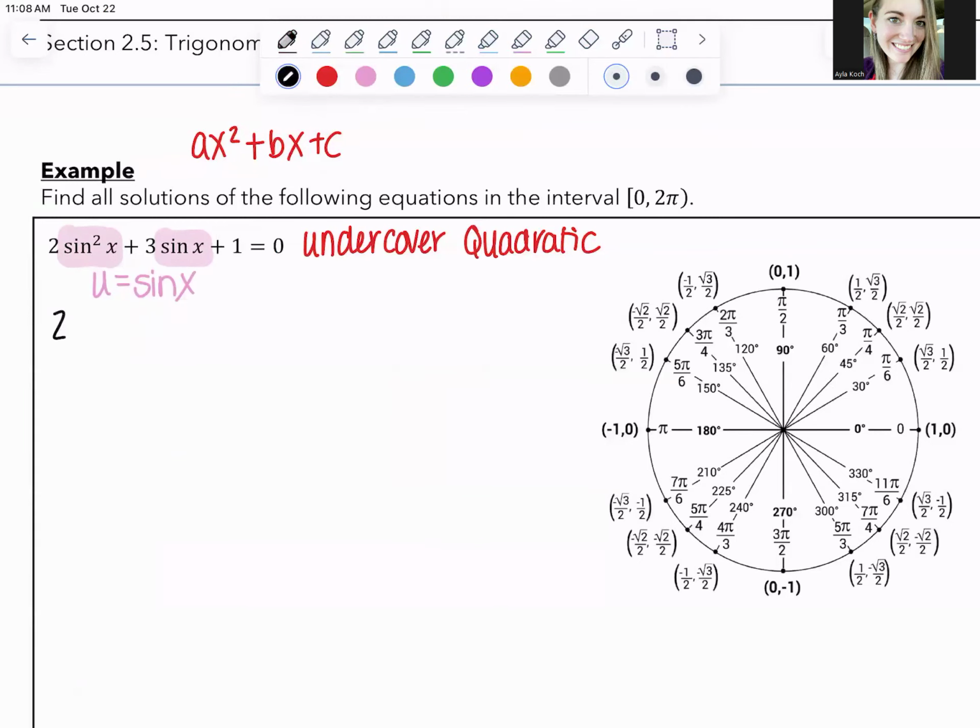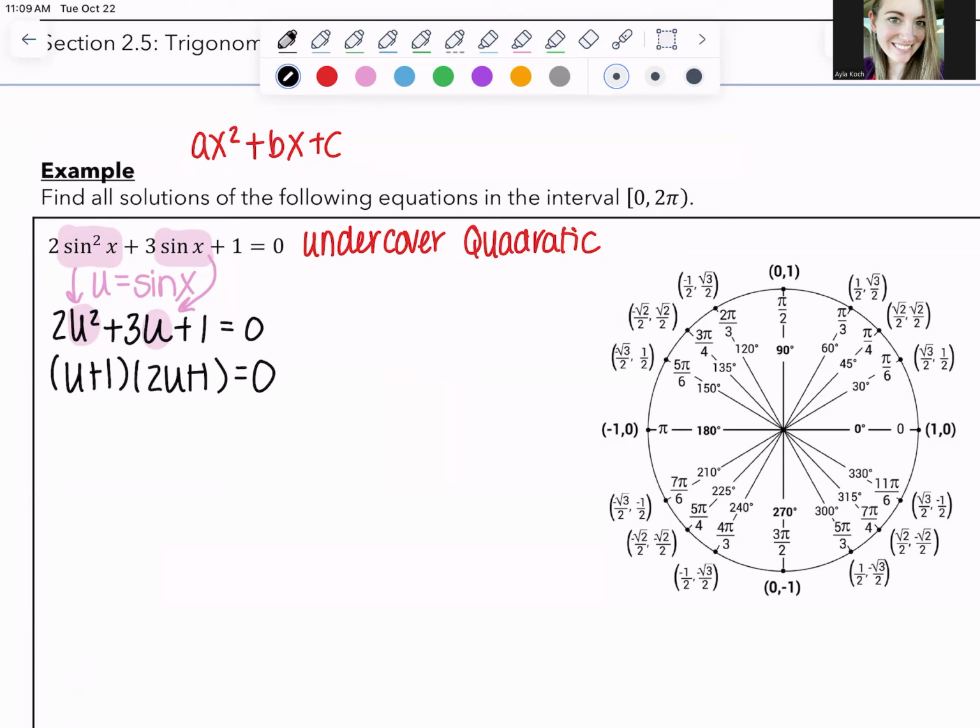I can rewrite this now as 2u squared plus 3u plus 1 equal to 0. So I have replaced those sines with u's. This is something I can factor. There's a previous video I do on how to factor these. So I'm just going to tell you what the factorization becomes. U plus 1 times 2u plus 1 is what this would factor into, regardless of the method you use to factor it.